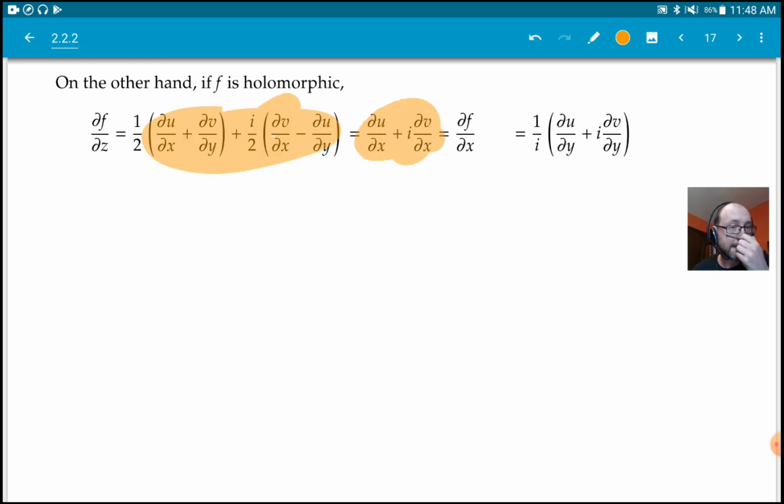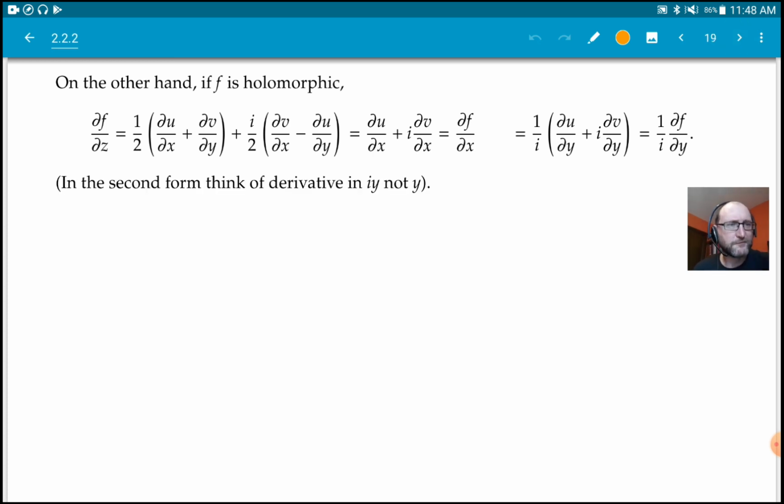Anyway, apply the Cauchy-Riemann equations again, and get that this expression is also equal to this thing, which is not quite the y derivative of f. It's 1 over i times the y derivative of f. The way you want to think of it, it's not really a derivative with respect to y. It's a derivative with respect to iy, and we'll see why that would be.